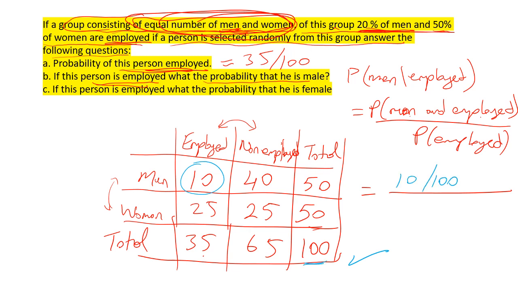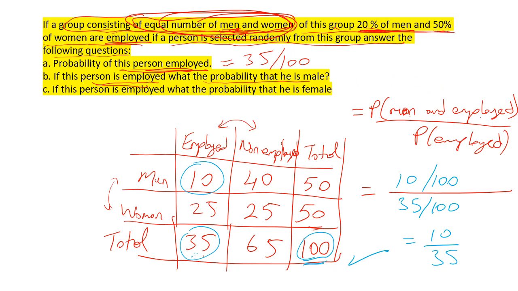And then the probability of employed is 35 over 100. So then it becomes 10 over 35.